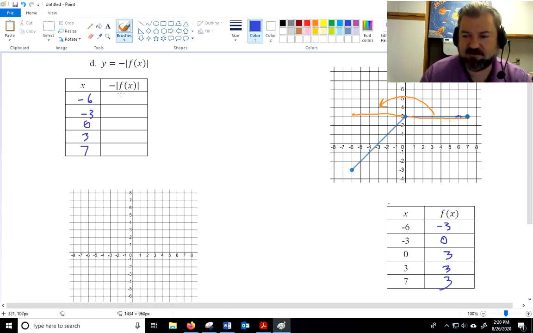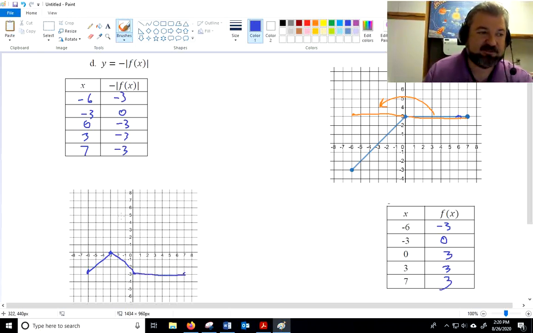So the absolute value of f of negative 6 is 3, but then I have to make it negative. And then the absolute value of 3 is 3, but make it negative. So just like we thought, this is indeed going to shift everything down to down here. So it's still that function we had before with everything from the bottom flipped upwards, but then after doing that, it's flipped down.